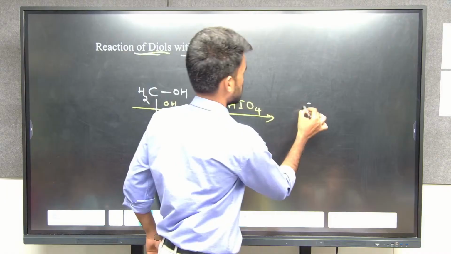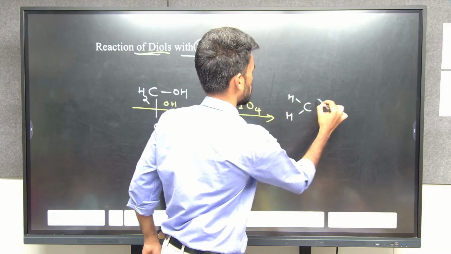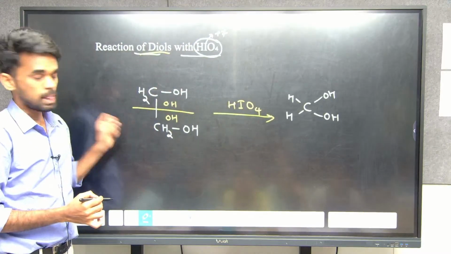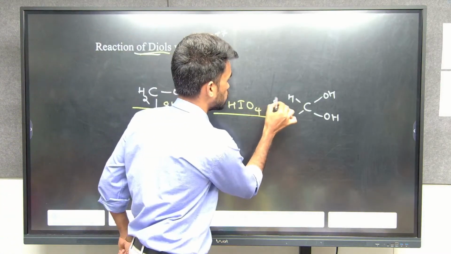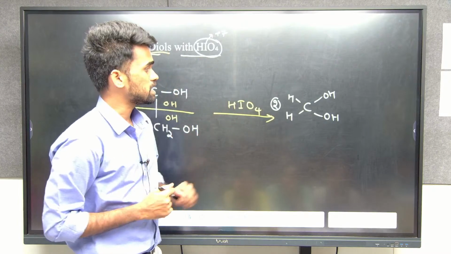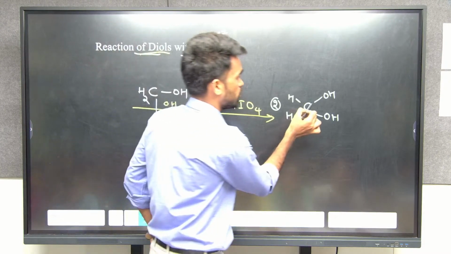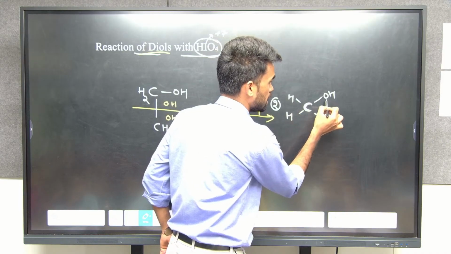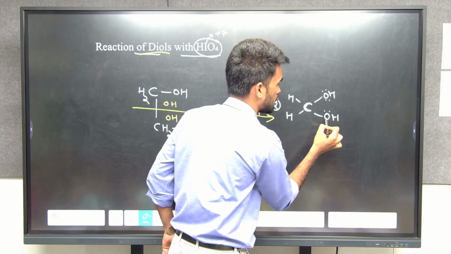What will be the product now? Tell me. CH2, H as it is, OH, OH. Same, down also same product. So how many moles are you getting? 2 moles. That is perfect. Next, if multiple OH groups are on the same carbon, the lone pairs on those oxygens will get repelled.